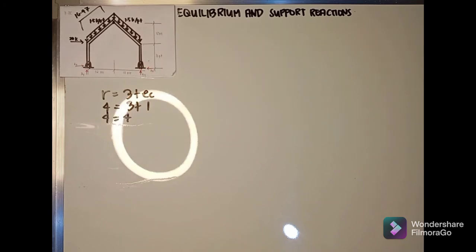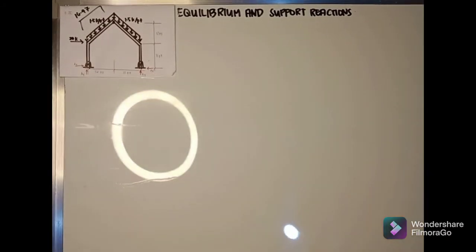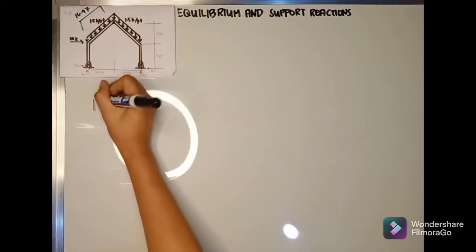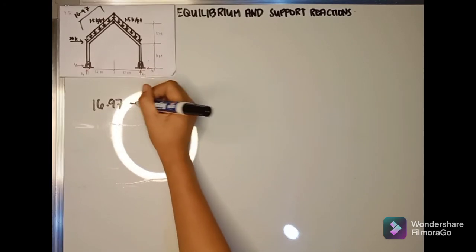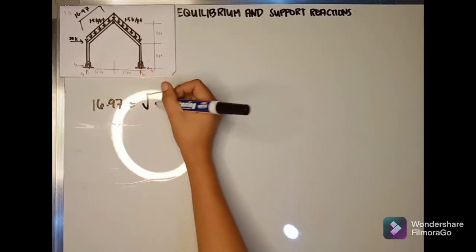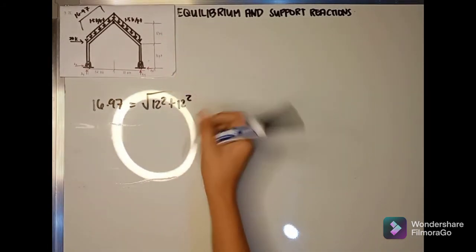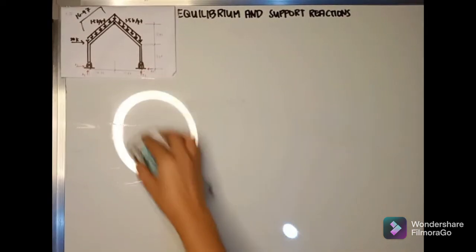Now we can begin looking for the unknown reactions by using equations of equilibrium. The length here, 16.97, was obtained by square root of 12 squared plus 12 squared, 16.97.